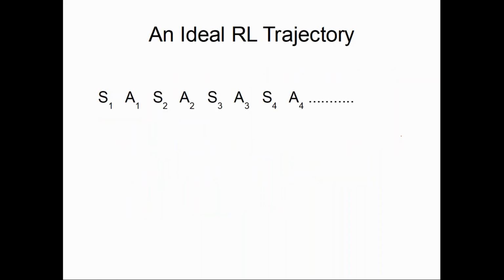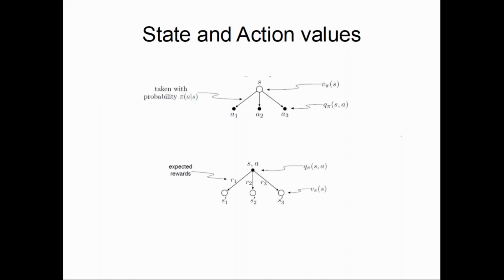Then we talked about the trajectory, which is ideally not straightforward. There is a sequence of states, multiple actions, and for a particular action, multiple next states. Here we also talked about two sorts of probabilities: policy probability and environment probability.